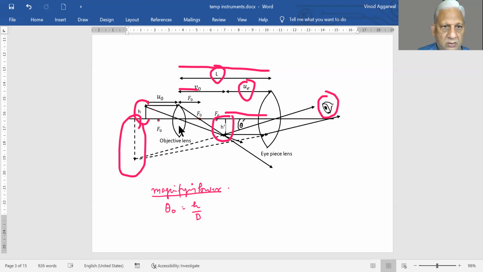This is our theta naught. This theta naught is the maximum angle that I can see. This is the height of the object, and this is our near point.